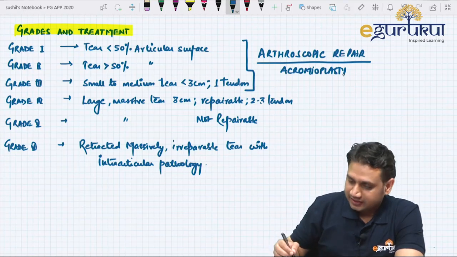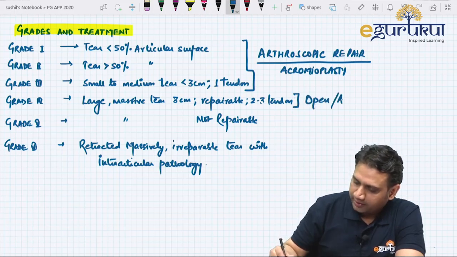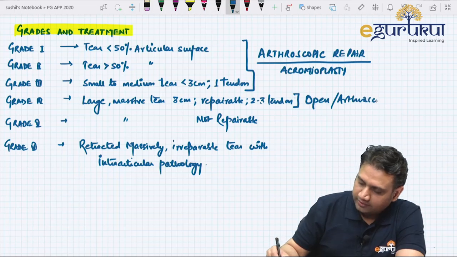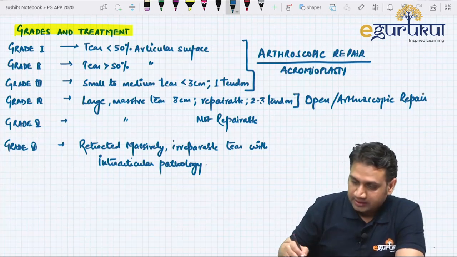When it is a large tear which is repairable, you go for open or arthroscopic repair. If arthroscopic is possible, well and good. If not, go for open repair.